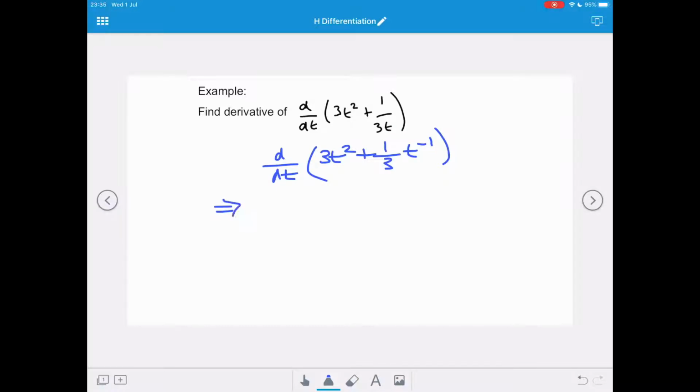So our derivative is going to become 6t minus a third times t to the power of negative 2. And if we rewrite that as positive indices, we've got 6t minus 1 over 3t squared.